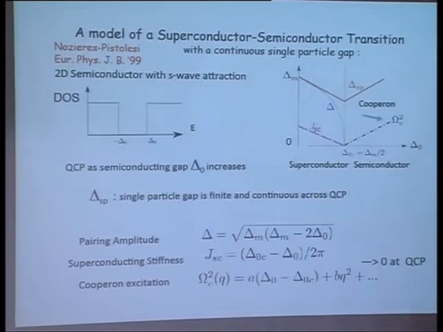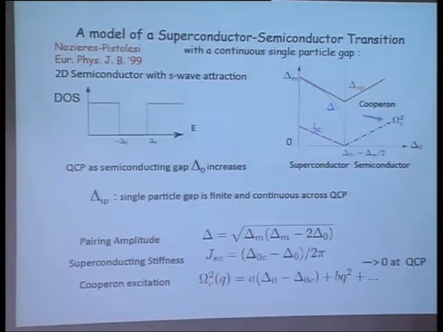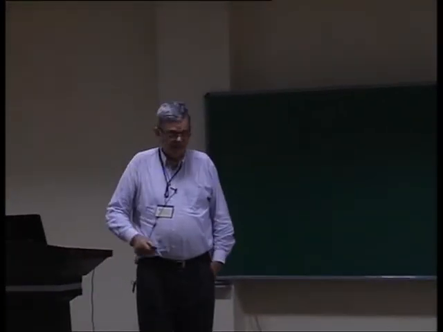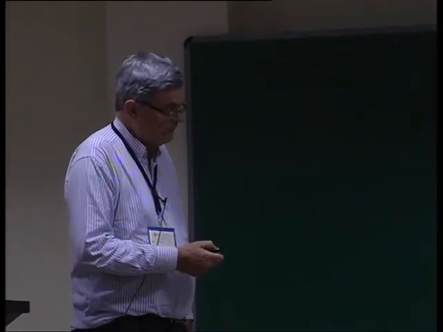So let me turn to another issue, because it's long been questioned whether the pseudogap is a friend or a foe of superconductivity. Now, I mentioned earlier that the analogy with the two-legged ladder would lead us to think that maybe there is some kind of Cooperon excitation occurring in this pseudogap phase.